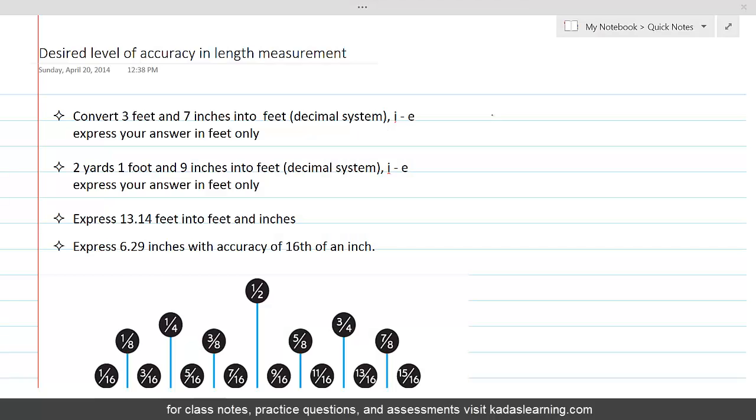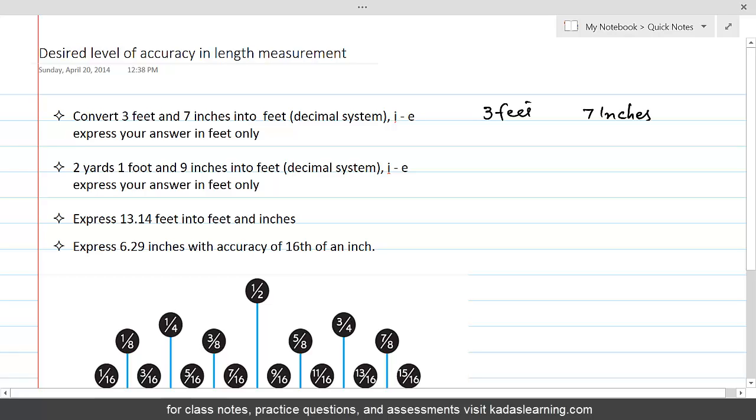In this lesson, we'll do a few more examples to illustrate conversion of units within the imperial measurement system and conversion to and from the decimal system. Let's get started with question number 1, in which the given quantity is 3 feet and 7 inches.